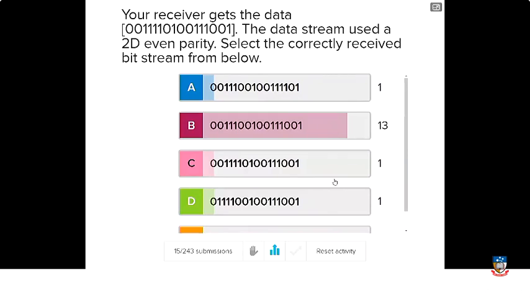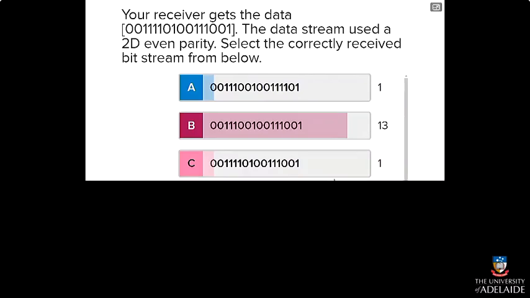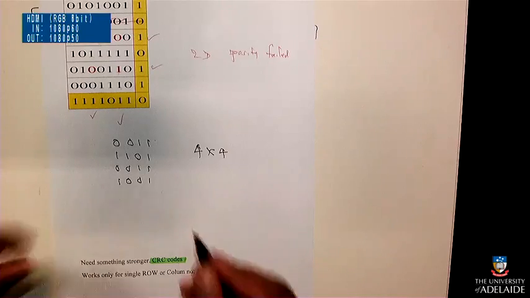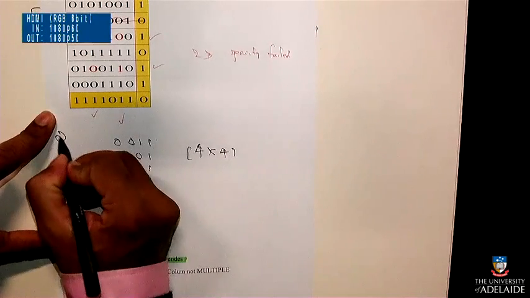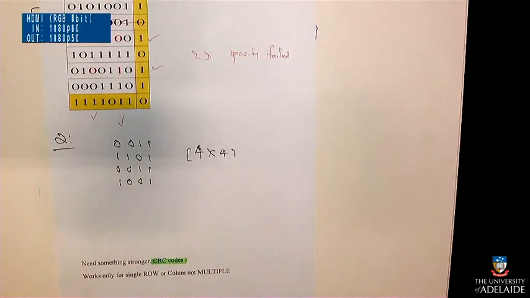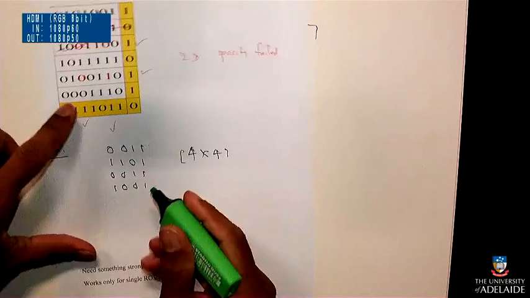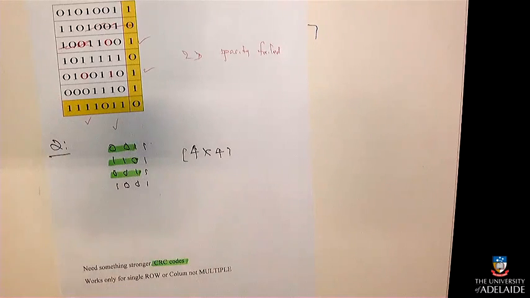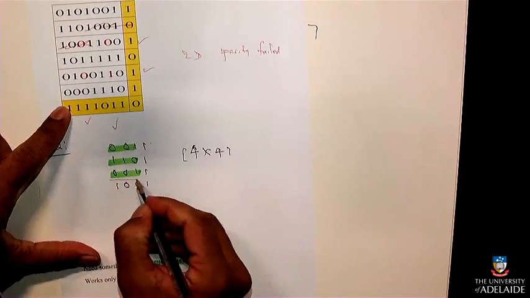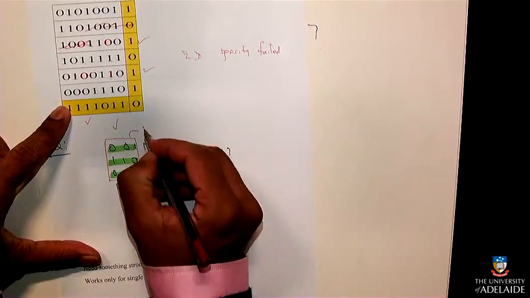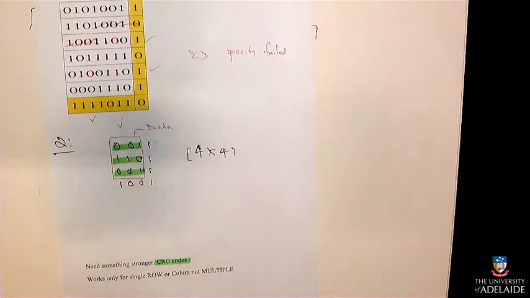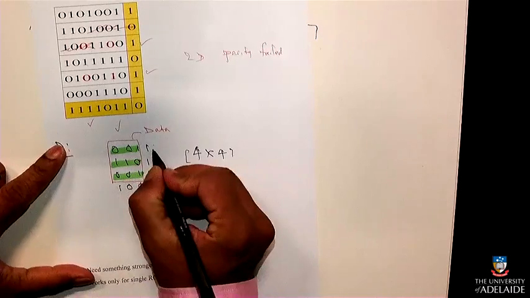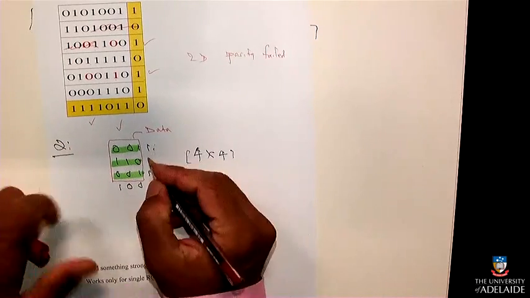I better switch because I think it only records one screen. Essentially the question you had was which part is the data. So this part is the data, right? And I think I said even parity, so if you check here, that one is okay.